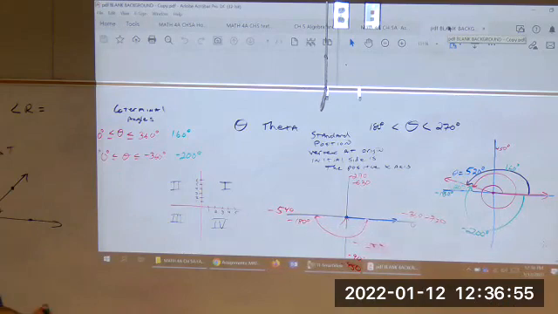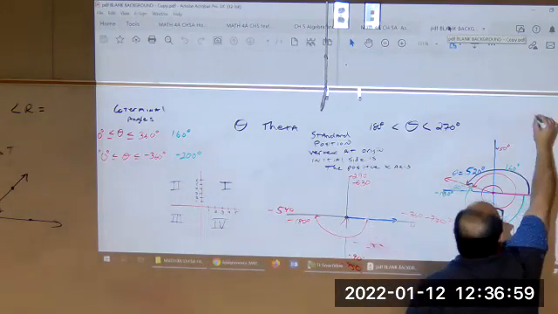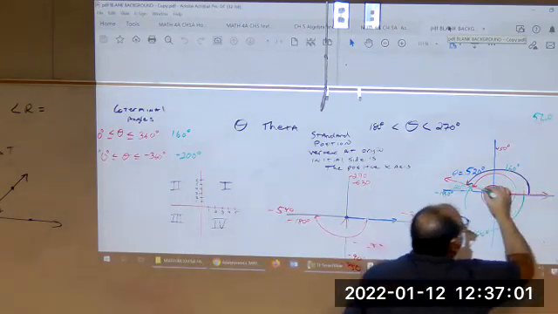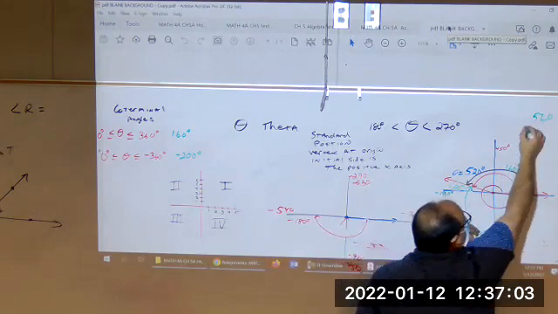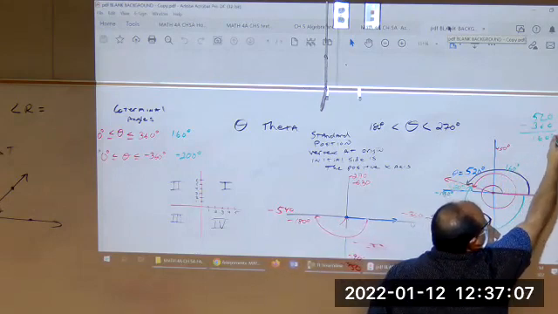How can I get that without drawing the picture? Well, you're at 520. You took away a rotation, and that's how you got the 160 degrees.